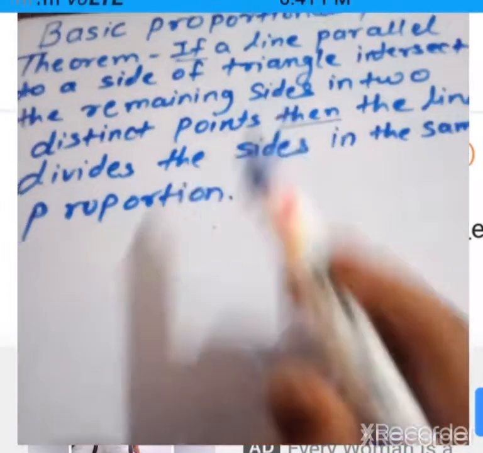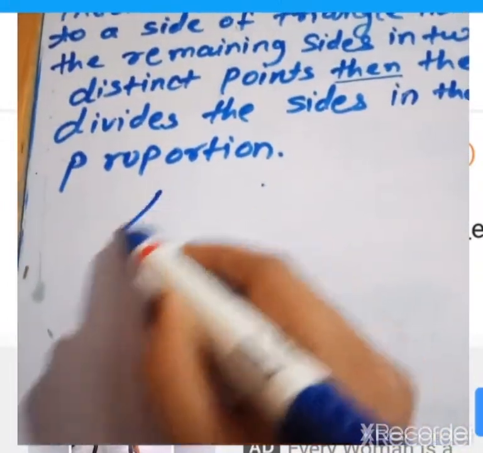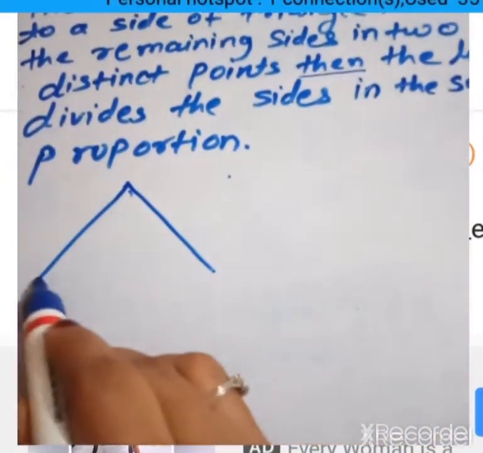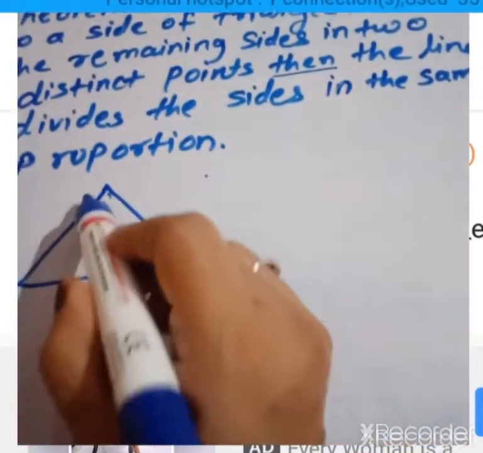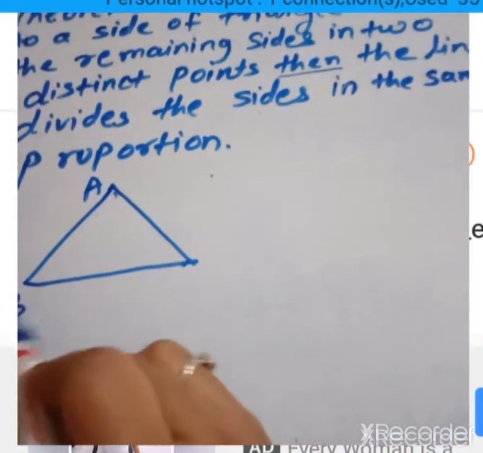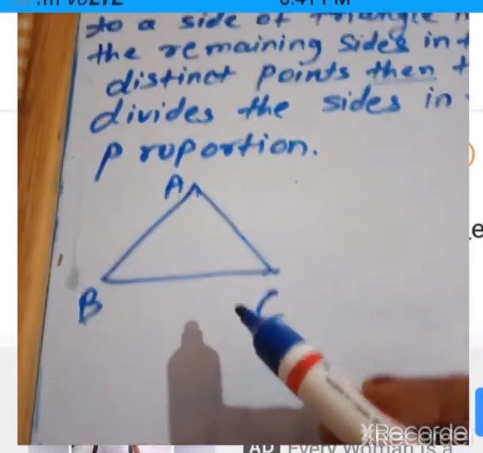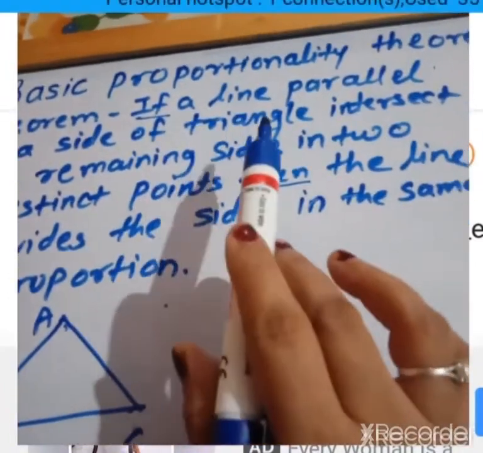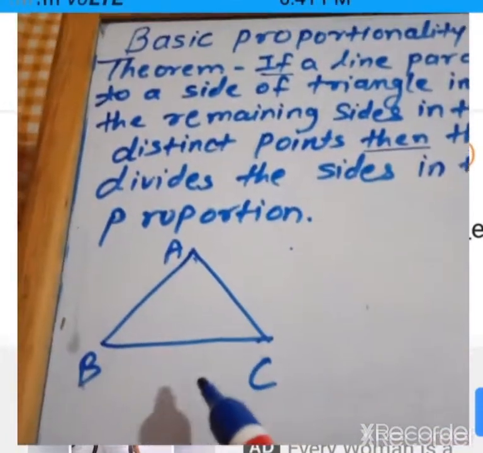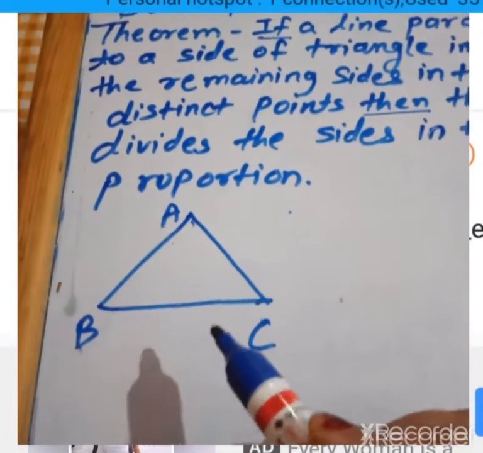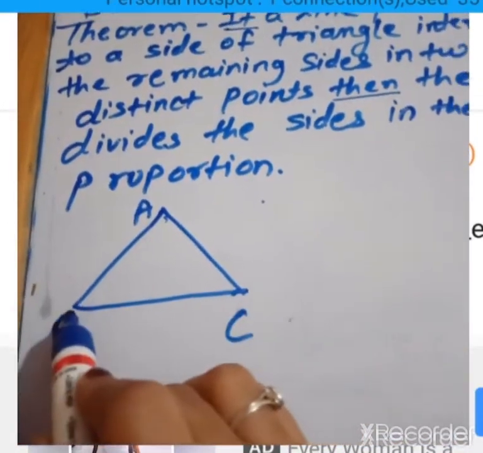There is a given triangle. We have to draw the figure of the triangle. Give the points the names A, B, C, that is triangle ABC. If a line is parallel to a side of the triangle, take one line parallel to any side of the triangle, say side BC.